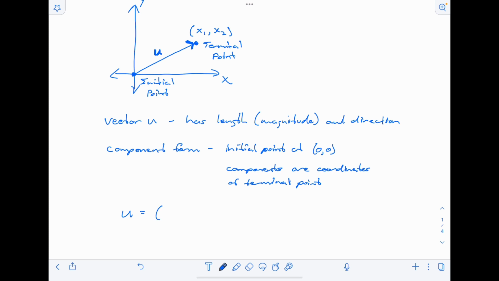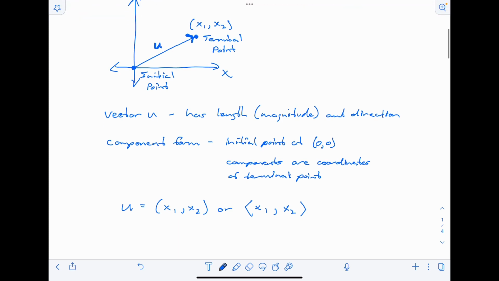So I might describe it as being at the point x1, x2 with parentheses. This book in particular uses this notation of parentheses, but I've also seen it and personally was taught using angled brackets instead, and that's just to avoid confusion over a point.